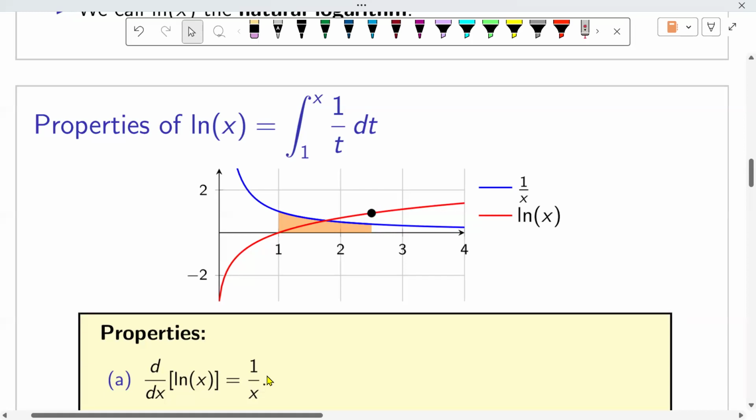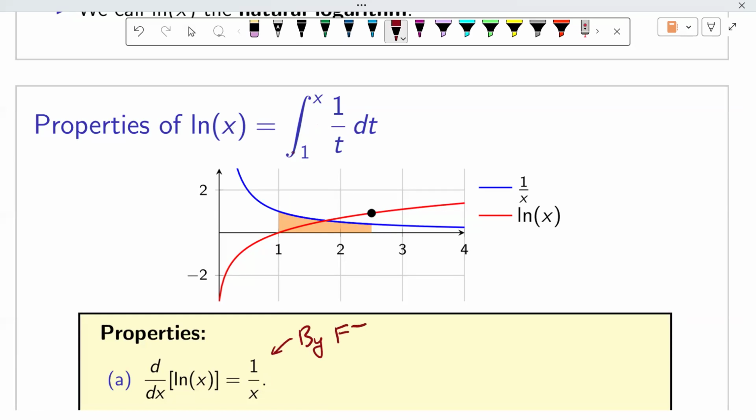This should feel like cheating a little bit, because it kind of is. We've basically defined a function using an integral, and then using FTC2, this follows by FTC2, we are able to magically get this function to have a derivative that's equal to 1 over x, which is great.